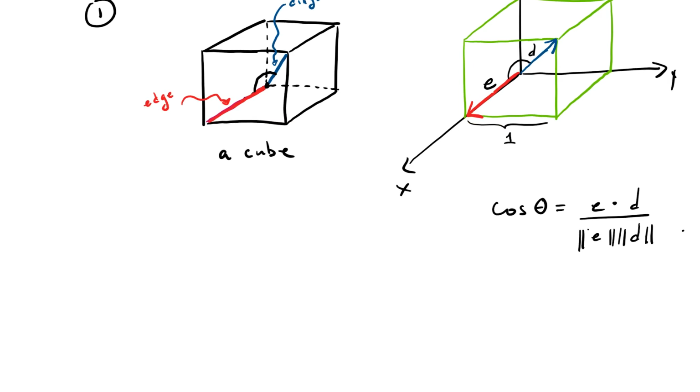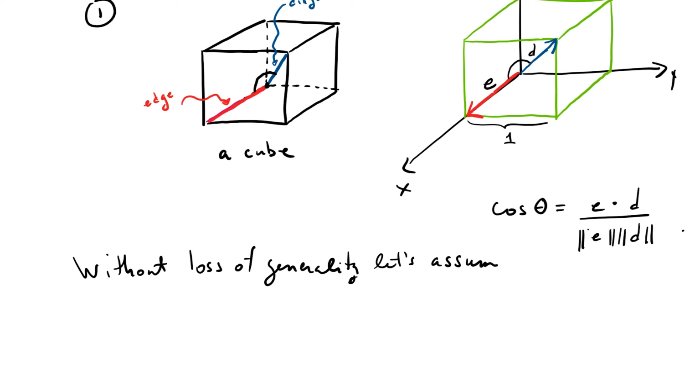So in math we would write something like in our solution, without loss of generality, let's assume the length of an edge is 1. 1 what? Well, who cares? 1 meter, 1 centimeter. It doesn't matter.